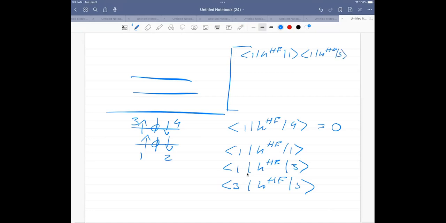So that would be one of the blocks, and then you would have the Hermitian conjugate of that one, and then 3 Hartree-Fock 3. So that would be one block, and there will be a similar block for the spin down states. And they don't connect because the matrix elements are 0.